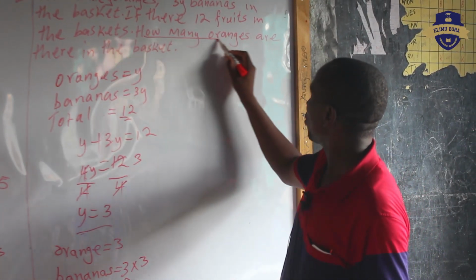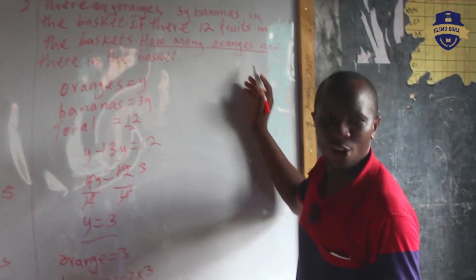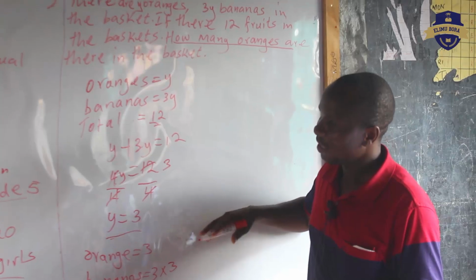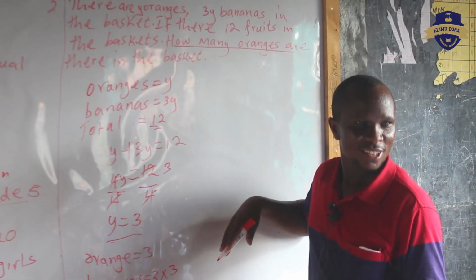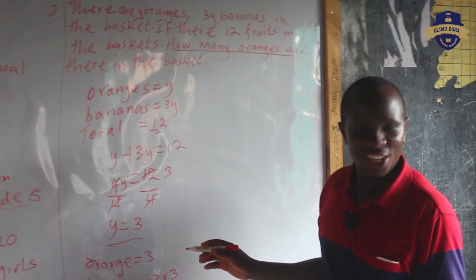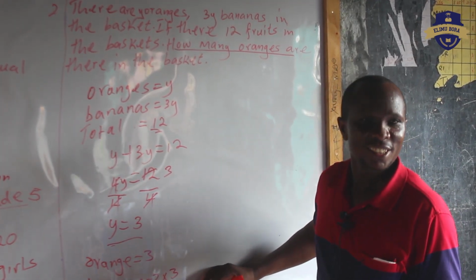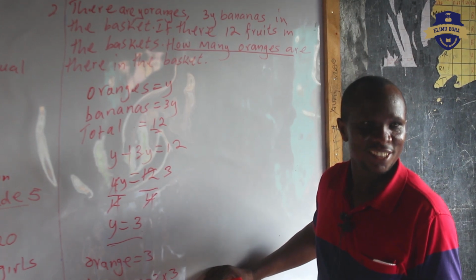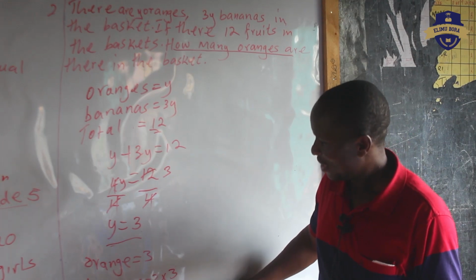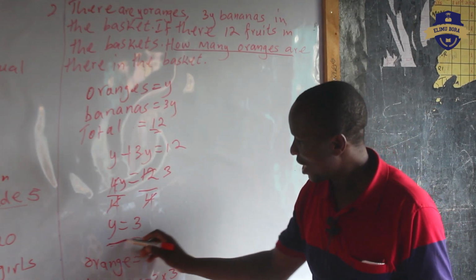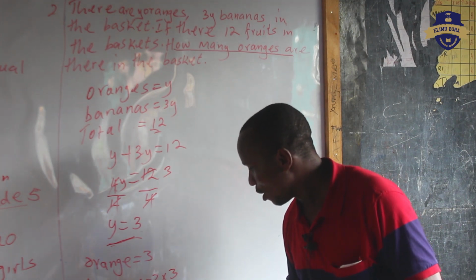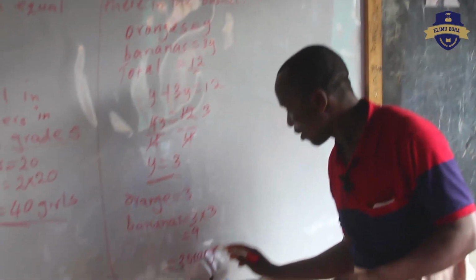But our question was asking about what? How many oranges? So the answer is, is it 3 or 9? Abdul Karim? The answer is 3. Our answer becomes 3 oranges.